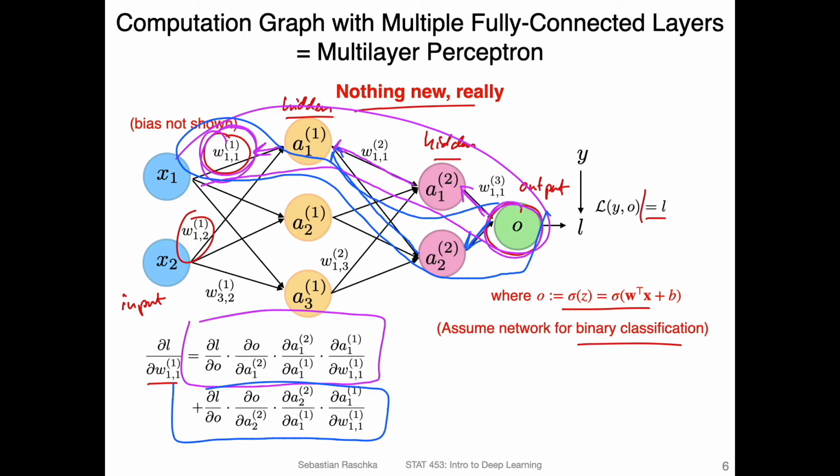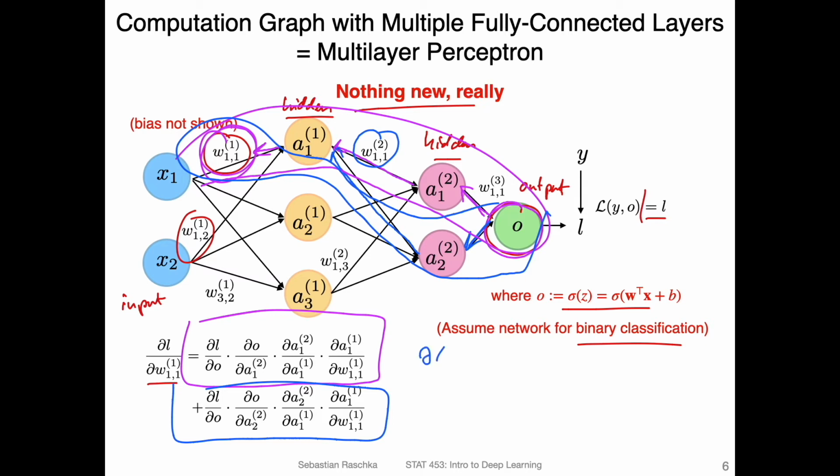Notice that there are, of course, multiple weights, actually multiple weight layers. So here we have, for example, the weight in the second layer. We will train those also, of course. In this case, the rule would be a little bit different. Let me write this down.